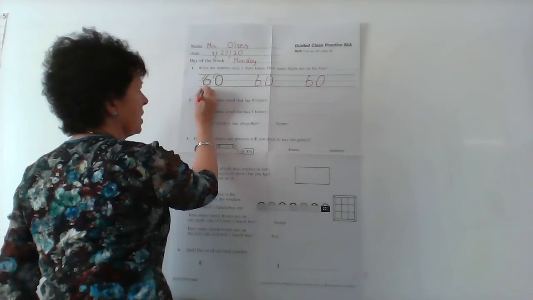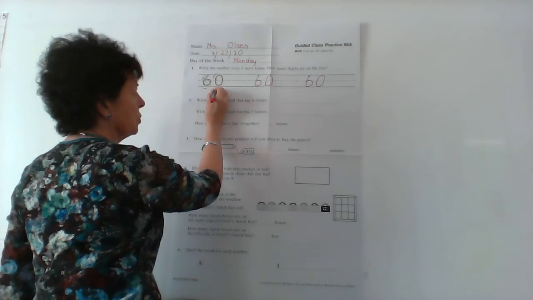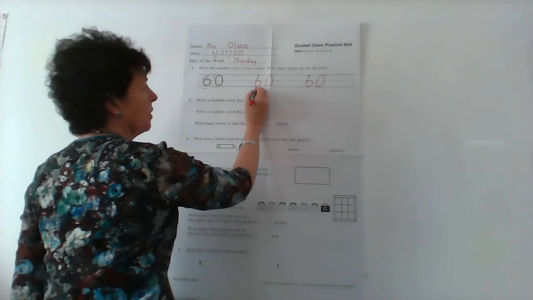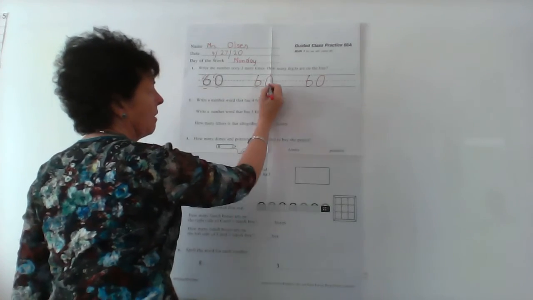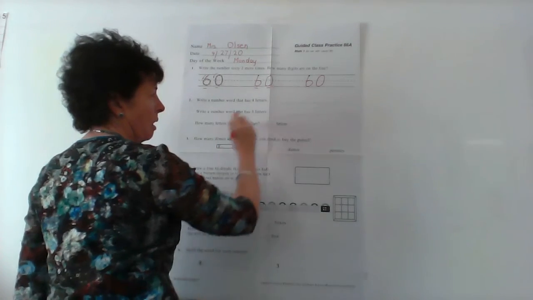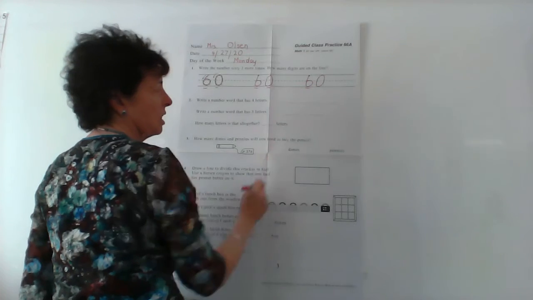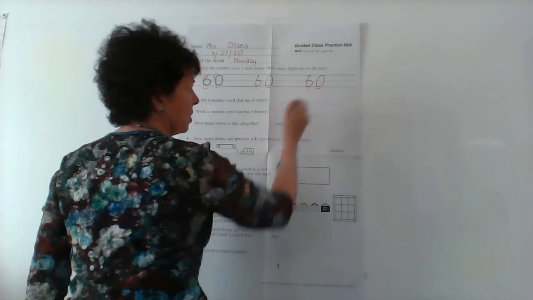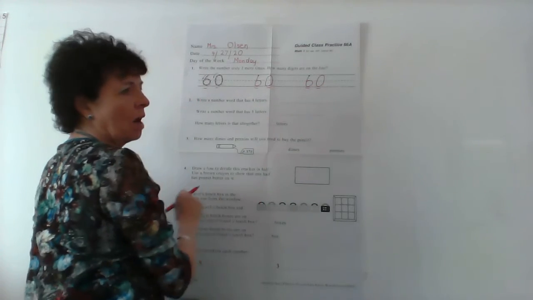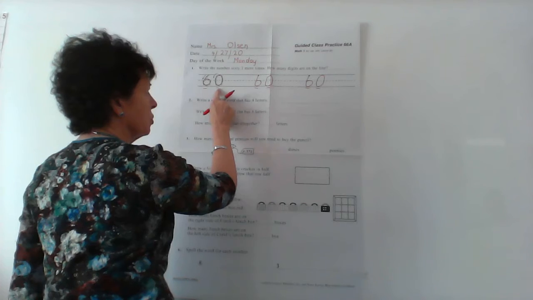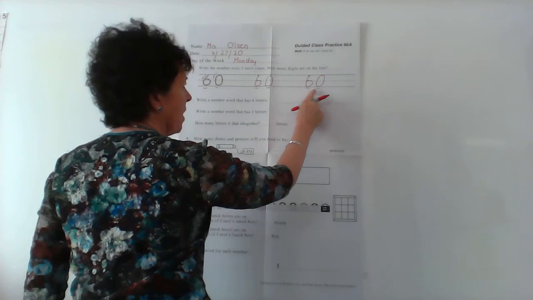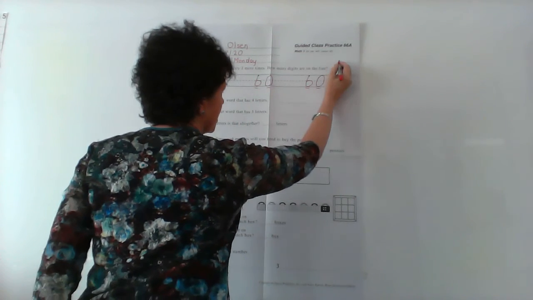And the number 6 is a digit, and the number 0 is a digit. And the number 6 is a digit, and the 0 is a digit. The number 6 is a digit, and the 0 is a digit. So now we count how many digits there are. 1, 2, 3, 4, 5, 6 digits.